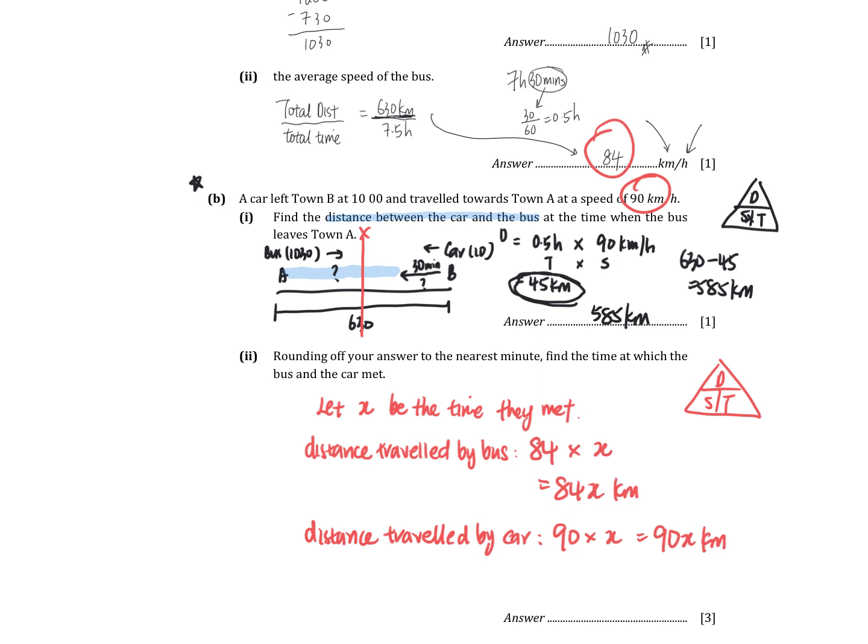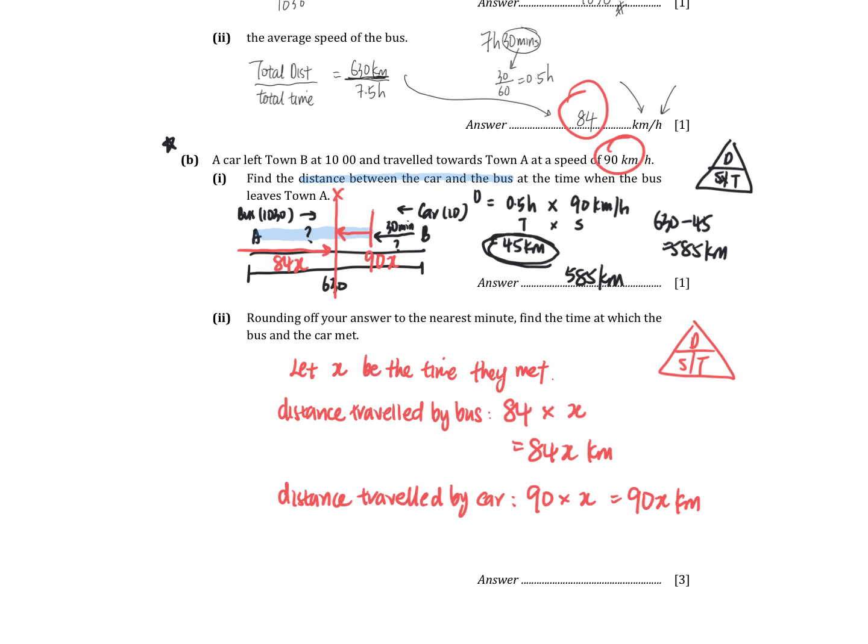So this bus traveled 84x kilometers. This car traveled 90x kilometers. What can I tell about their total? Sorry, he started moving from here. So what can I say about their total, these two?